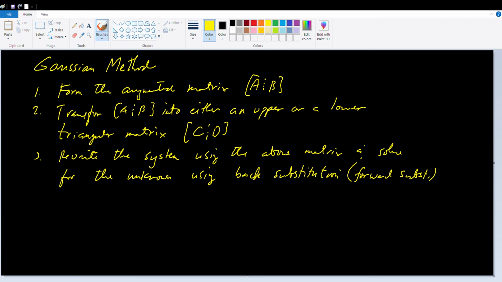So rewrite the system using the above matrix and we solve for the unknowns using back or forward substitution.